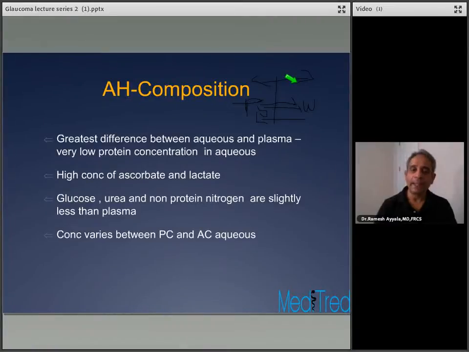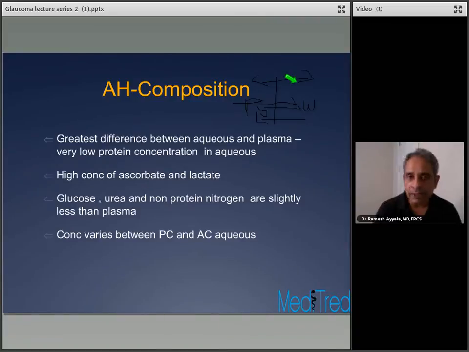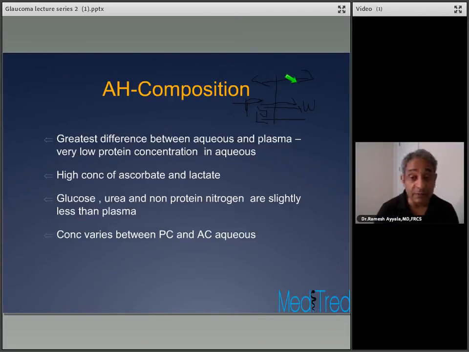But if you analyze the aqueous humor and you analyze the plasma content of the blood, then you realize that there are some components of the aqueous which are higher in the aqueous compared to plasma. Now, the question is, how did you get this? And that's where the active secretion concept came into existence.